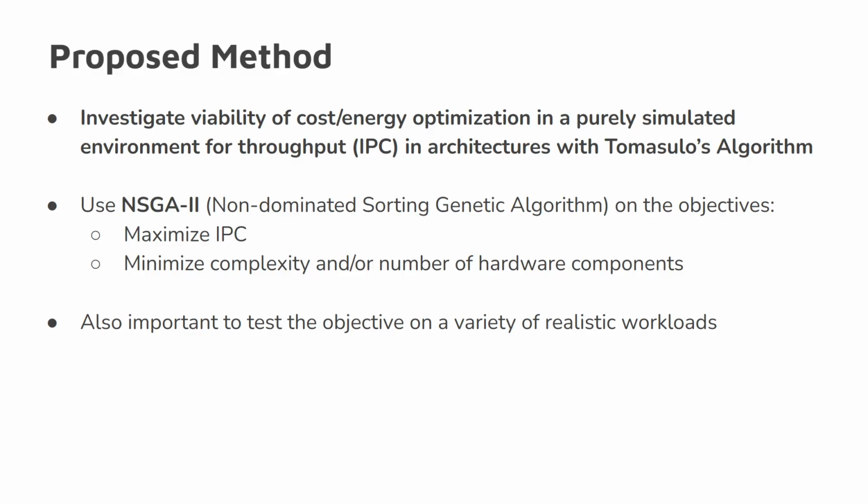So we want to maximize IPC, which is the same as minimizing the number of cycles for a fixed workload. And then the surrogate for cost or energy is minimizing the complexity and or number of hardware components, and that involves having a separate minimization objective for each type of component.